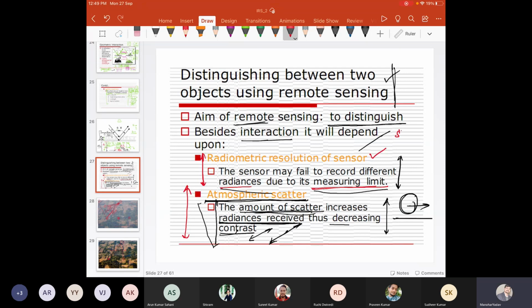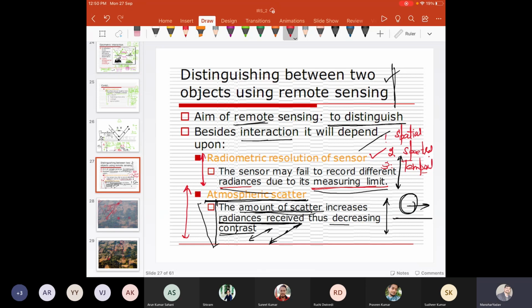You need to remember them. They are spatial resolution, the second one is spectral, while the third one is temporal. So we have four different types of resolution that determine the quality of the image as well as the processing.